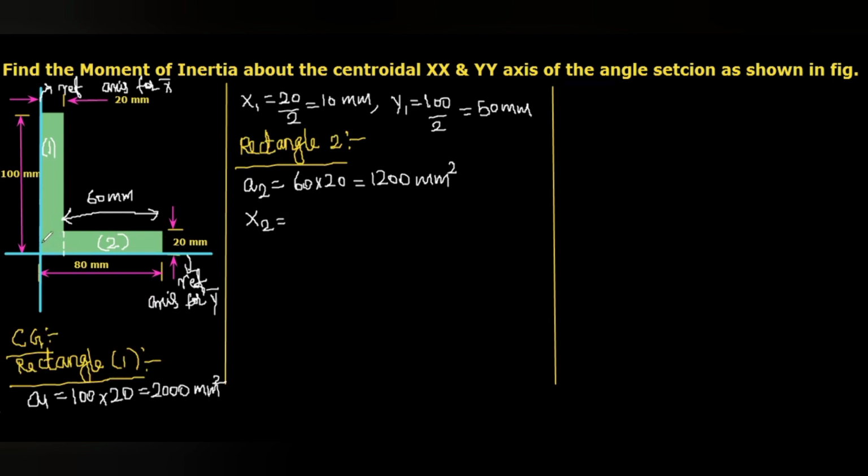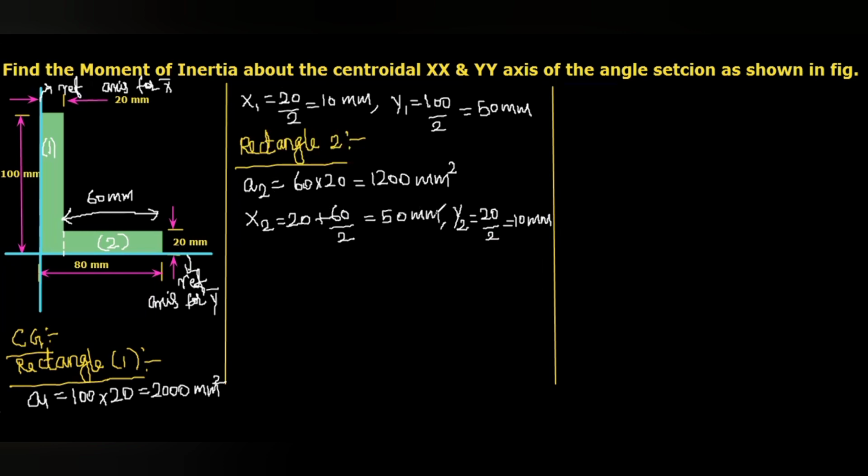Here you can see up to this distance, that is 20 mm plus 60 by 2. So it will be 20 plus 60 divided by 2. This is 30. 30 plus 20, we will get 50 mm. And y2, this vertical value is 20. So 20 divided by 2, here we will get 10 mm. So A1, x1, y1, A2, x2, y2, we calculated.